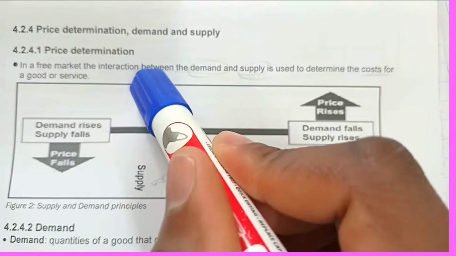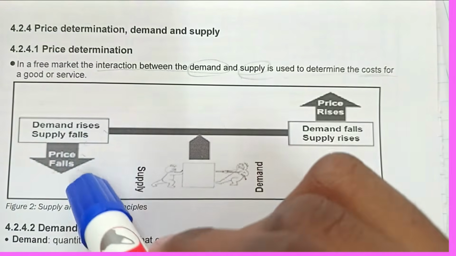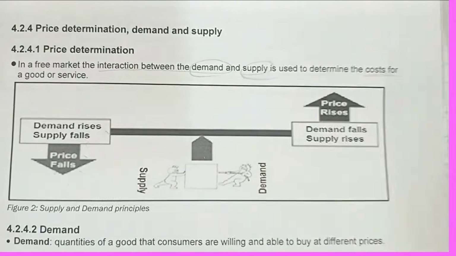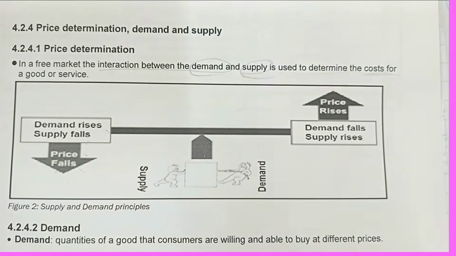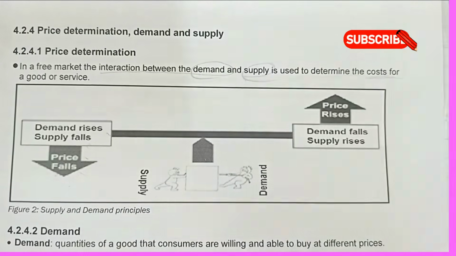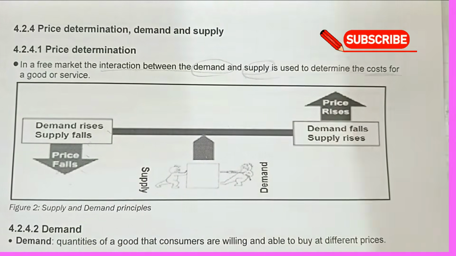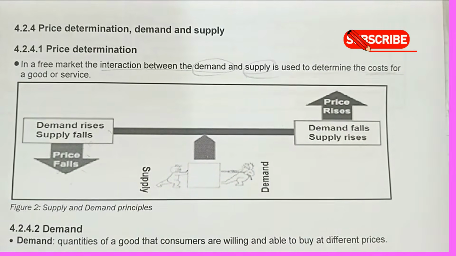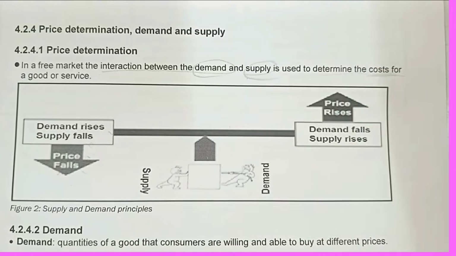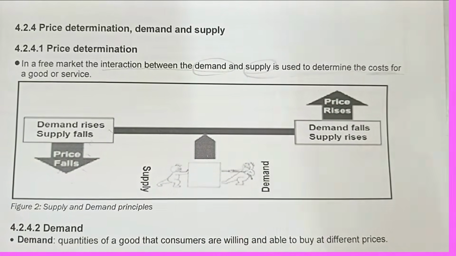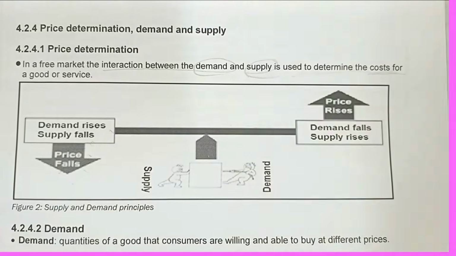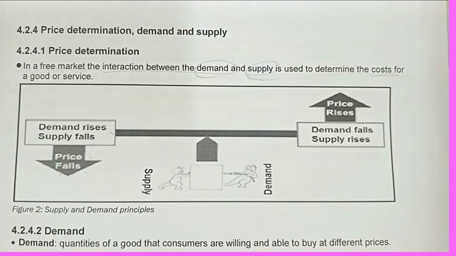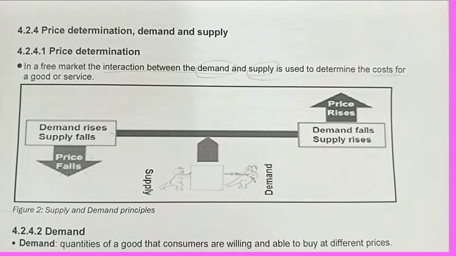So in a free market, that's when there's this invisible hand that makes the prices go up and down, and the demand and supply for the goods and services fluctuates depending on the price range.